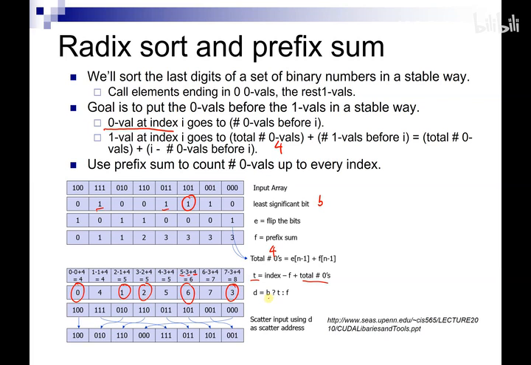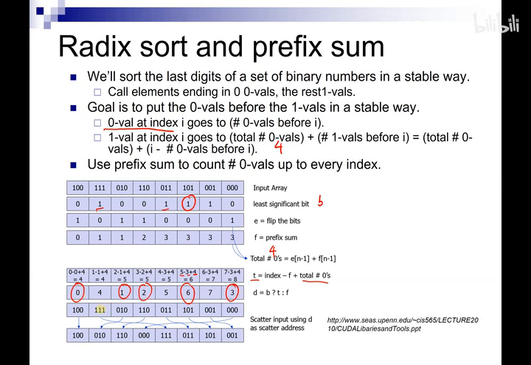If you have a 1 in a certain position, then your sorted position is going to be based on the 1 value, so this formula for the 1 value. Otherwise, it's going to be based on the formula for the 0 value, which comes from the F array. So we can compute all of these D values in parallel, and that tells you the final position for each of these values.